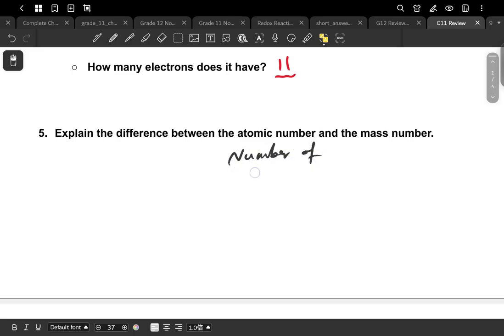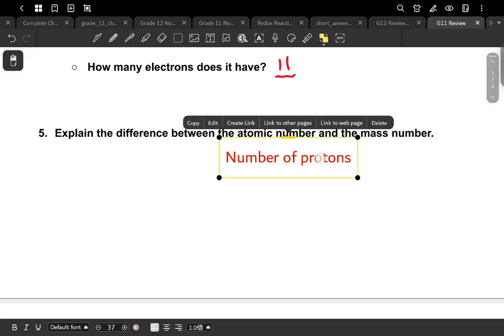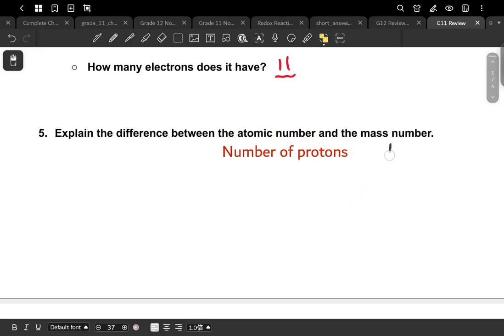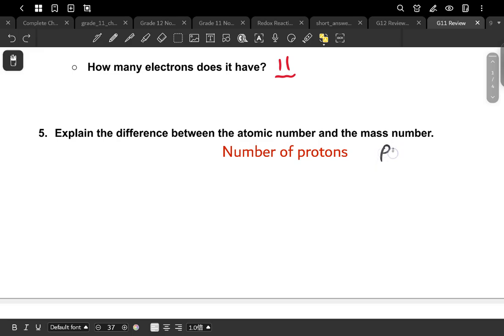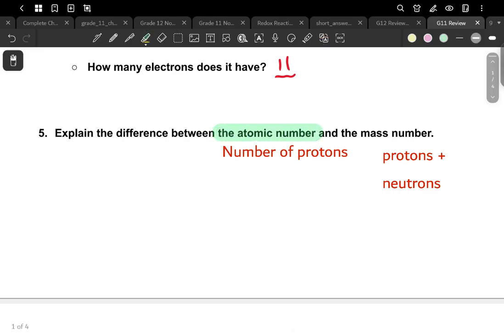While the mass number is the sum of protons plus neutrons. Okay, this is the mass number. So the atomic number is the number of positive protons, while the mass number is the number of protons plus the number of neutrons in the nucleus.